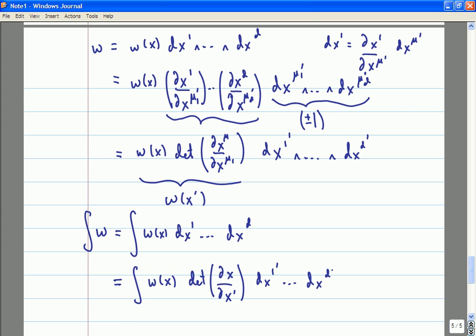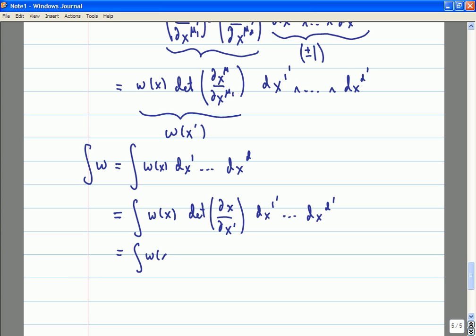That's just equal to the integral of omega of x', the component of this d-form written in the primed coordinates, times dx1' all the way up to dxd'.